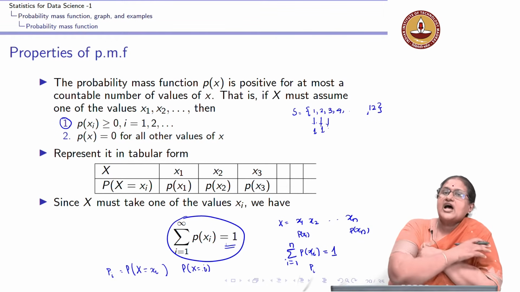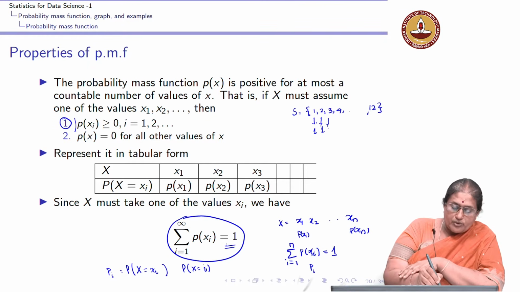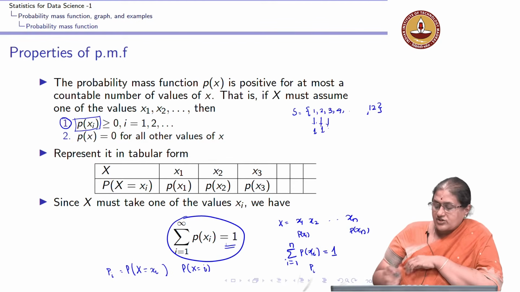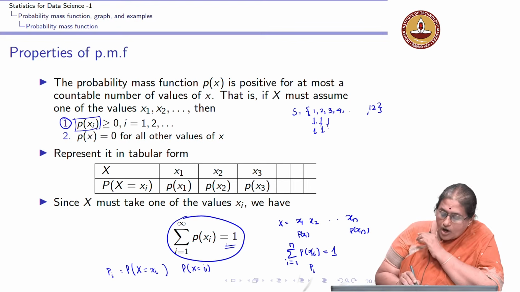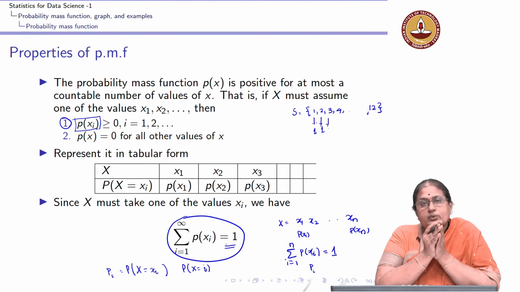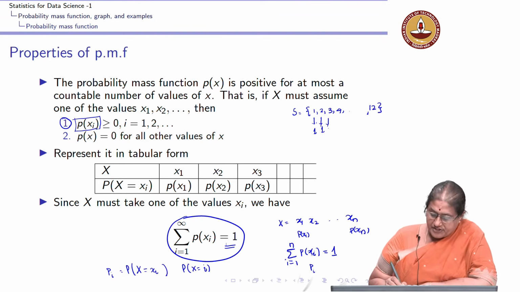But nevertheless, however you are defining it, the probability of x taking a particular value is always non-negative, and the sum of probabilities over all possible values should be equal to 1. These are the key properties of the probability mass function.